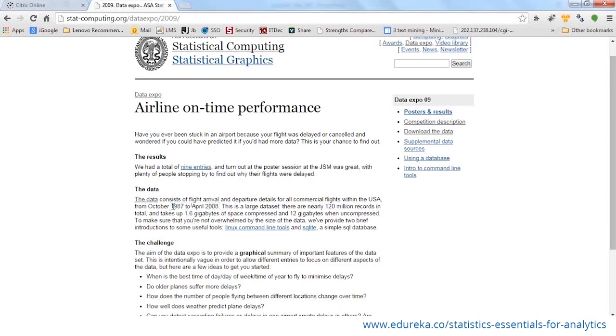For more than 20 years, if there is a flight flown from anywhere in the US to anywhere else in the world, or a flight which has come from anywhere else in the world to the US, or a flight from the US to the US itself, they have gathered this data. There are approximately 120 million records, and the data in compressed form is around 1.6 gigabytes, and if you uncompress it, it might be even more, say 12 gigabytes.